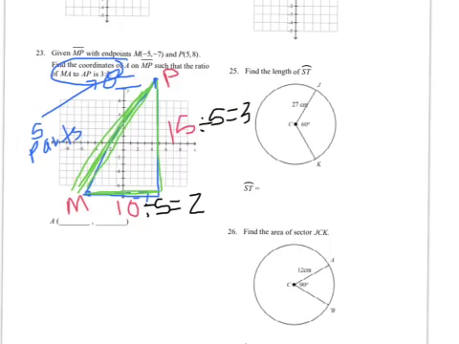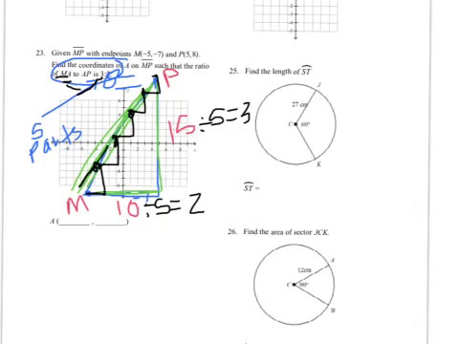And so what I'm going to do is just follow this scale somehow. So I'm going to go 2 to the right, 3 up, 2 to the right, 3 up, and so on, and hopefully it lands in the right spot. So we're looking for A, so that M to A is 3 parts.